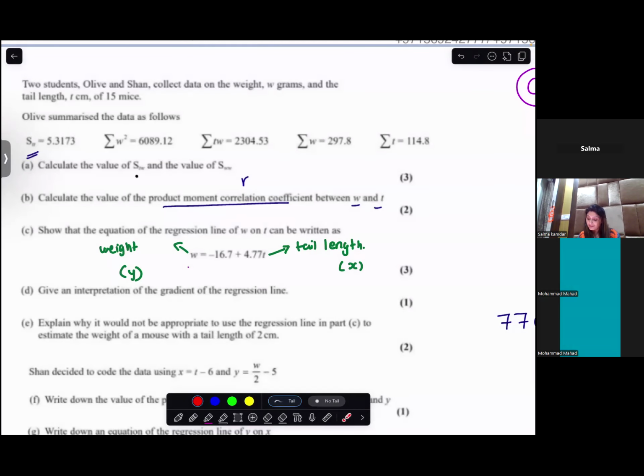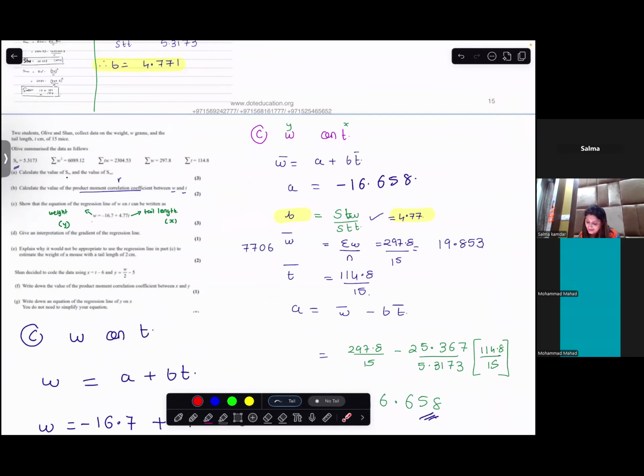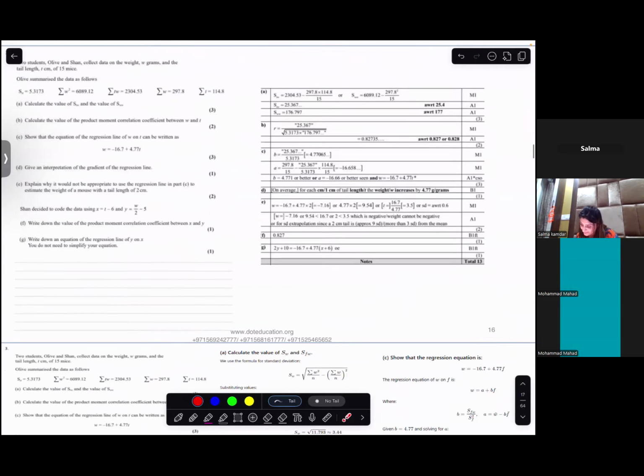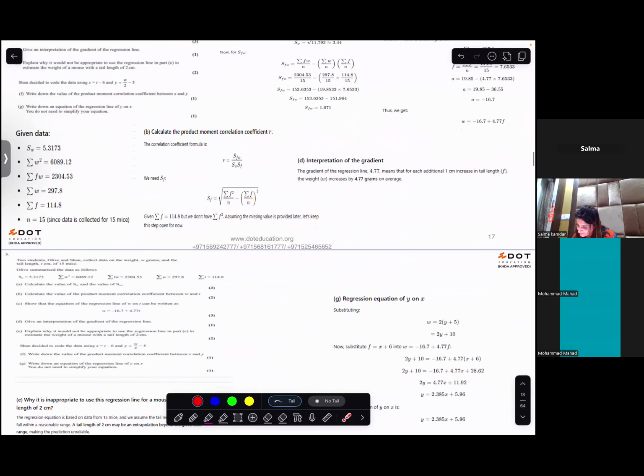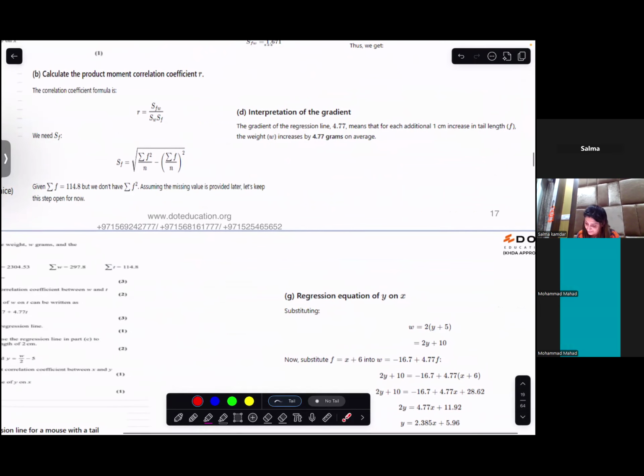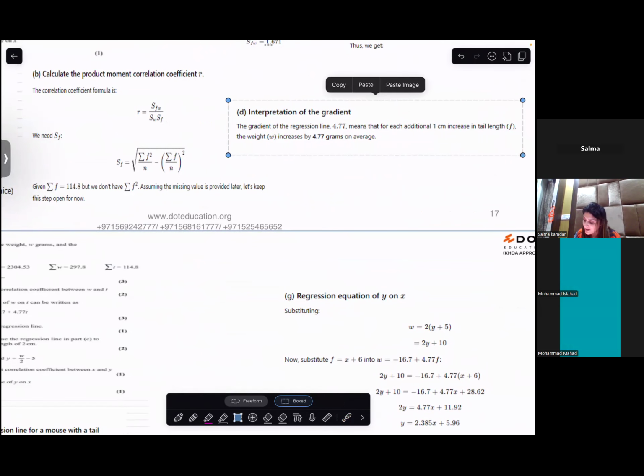So what would I say? For every increase in 1 centimeter of tail length, my weight is going to increase by 4.77 grams. You need to take time and frame it properly.